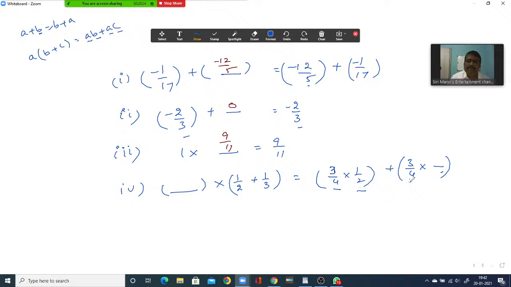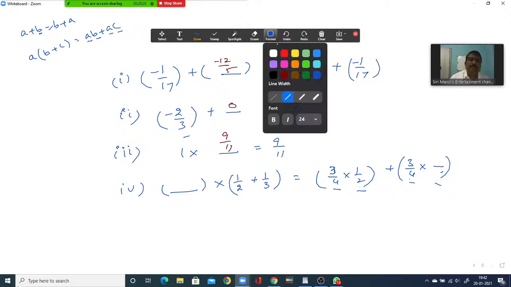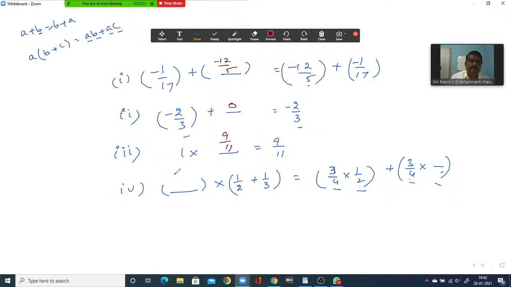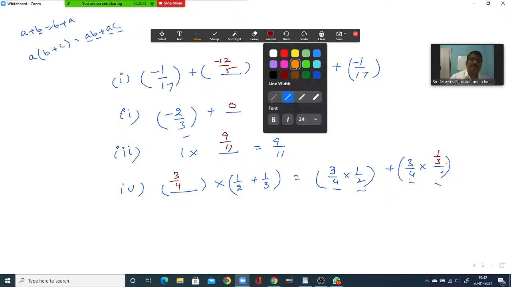Here A is 3 by 4, that's why I am going to write 3 by 4 into B plus C. Here B is 1 by 2, and C is 1 by 3. So you have to remember that A into B plus C is equal to AB plus AC. That's it. Okay. Next.